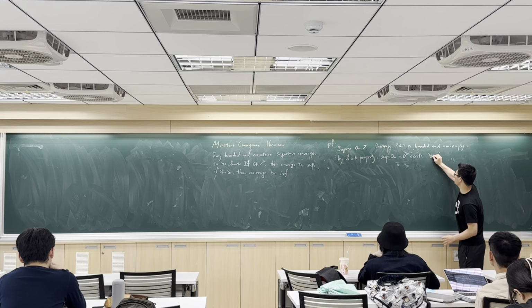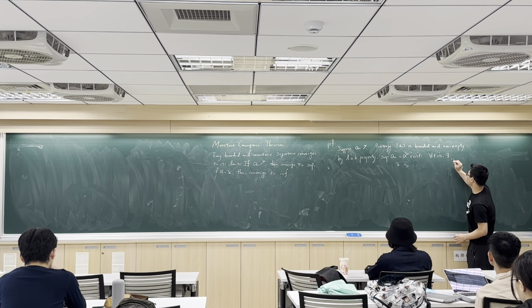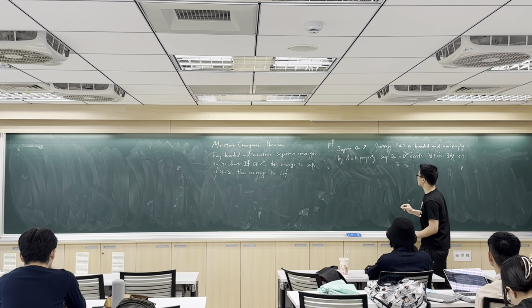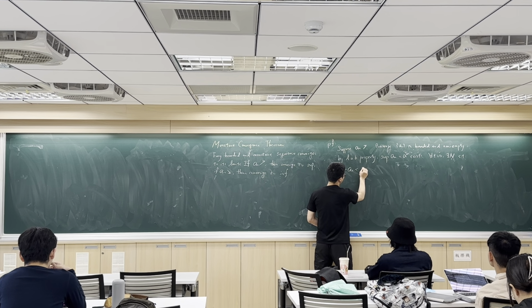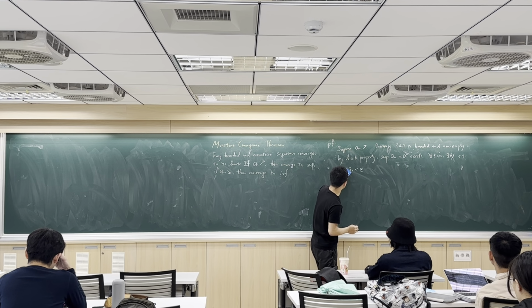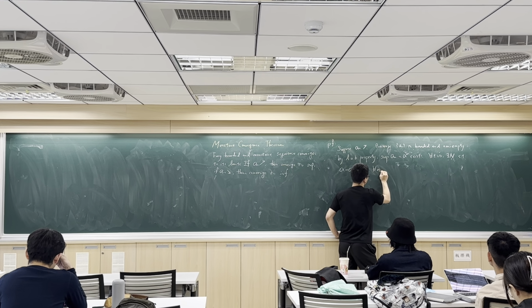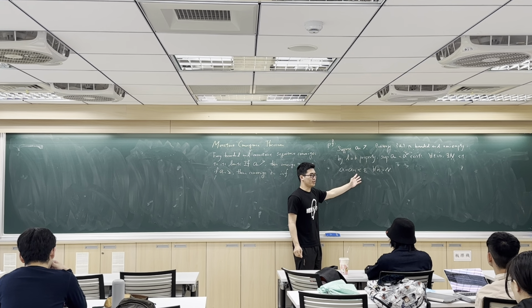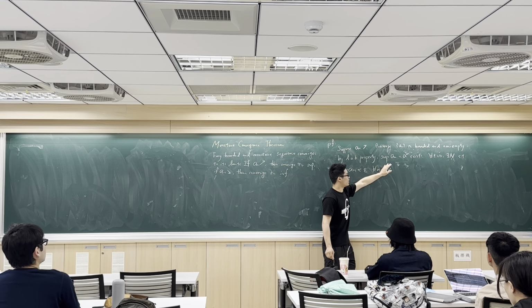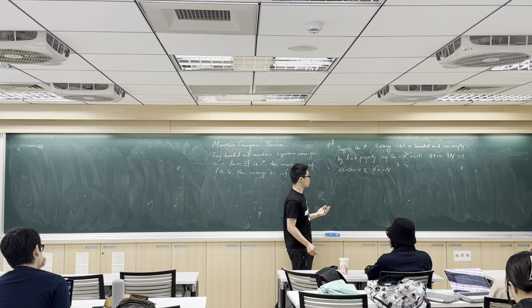Okay, so for every epsilon larger than 0, there exists N such that A minus a_n is smaller than epsilon for all n larger than N. Otherwise, A minus epsilon will be a new upper bound of a_n, so A is not the least upper bound, which is a contradiction.